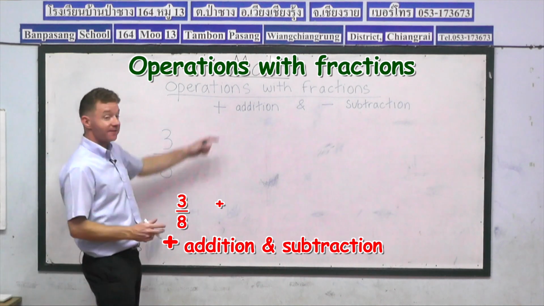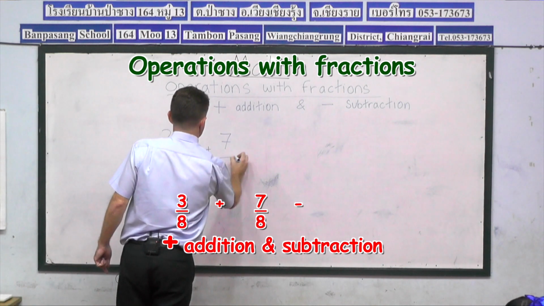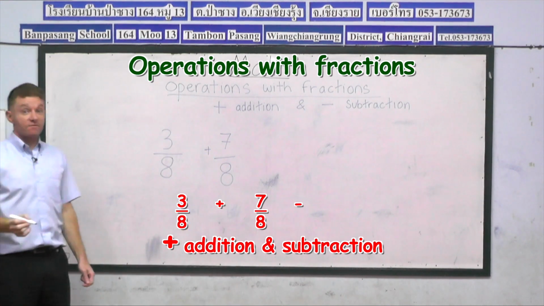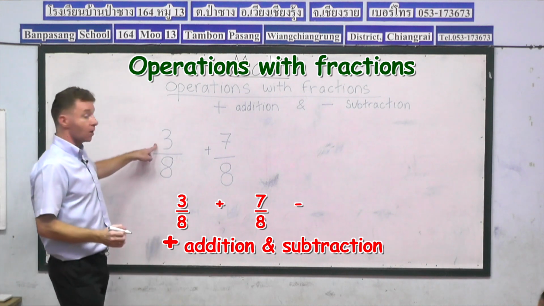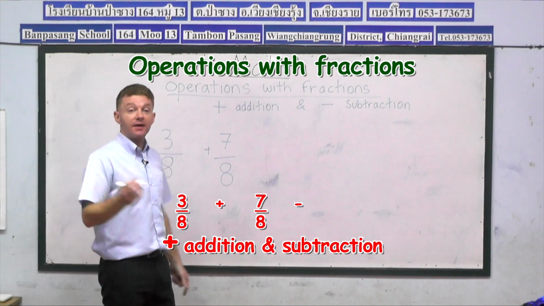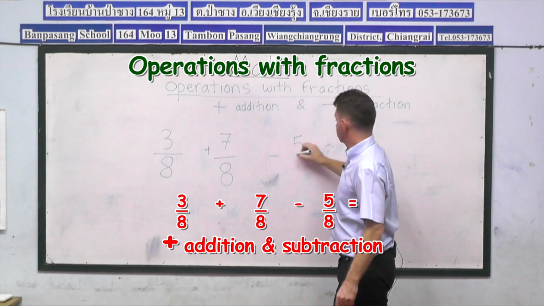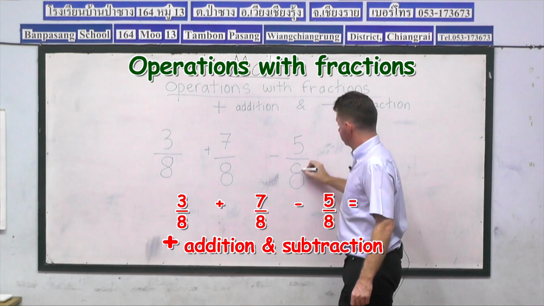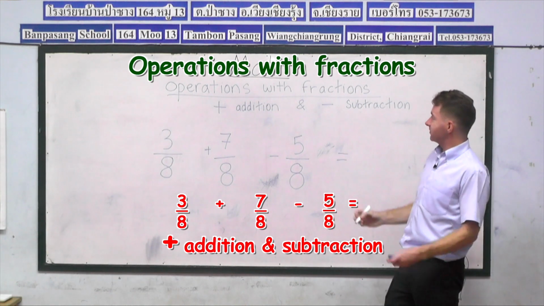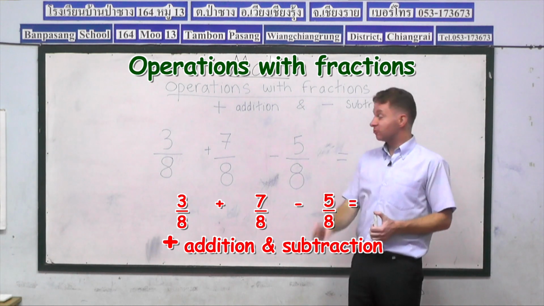But then, let's add 7 over 8. Okay, so we're going to start with 3 over 8, then we're going to add 7 over 8, and then we will minus 5 over 8.